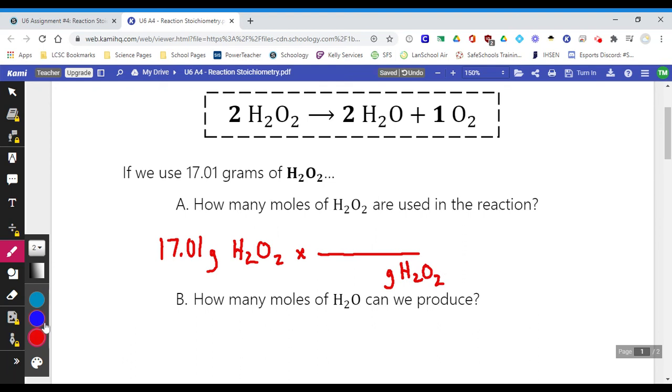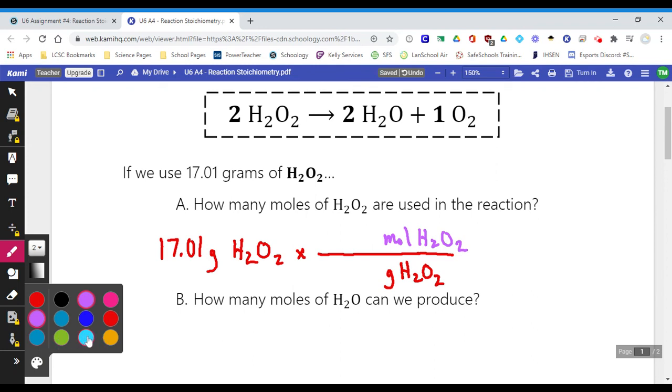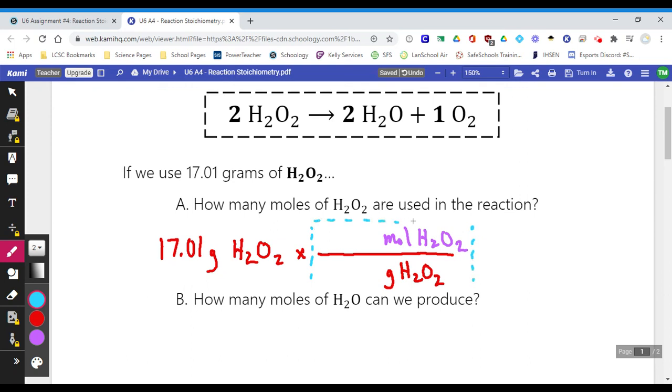What I'm trying to get to is moles of H2O2. Widen that out a little bit. Okay, so we have this fraction bar, this conversion factor that I have to figure out what to do with.